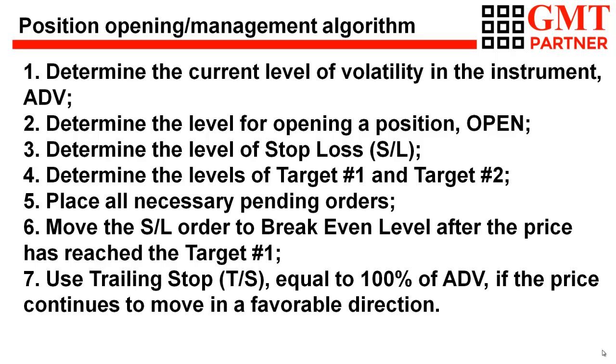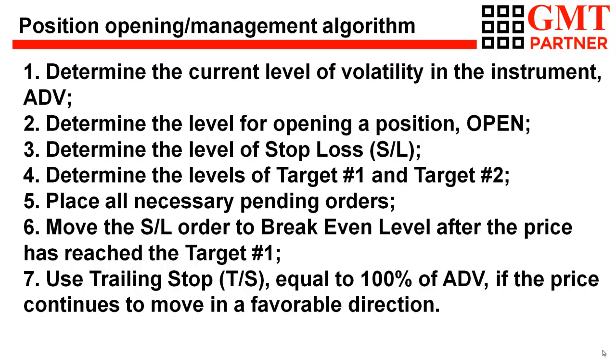As the price continues to move in a favorable direction, the trader should use a trailing stop equal to 100% of ADV. After opening a position, the main task of the trader is to maintain it until the end of the trend and squeeze the maximum profit out of it. As I mentioned above, a trailing stop is used for this purpose.